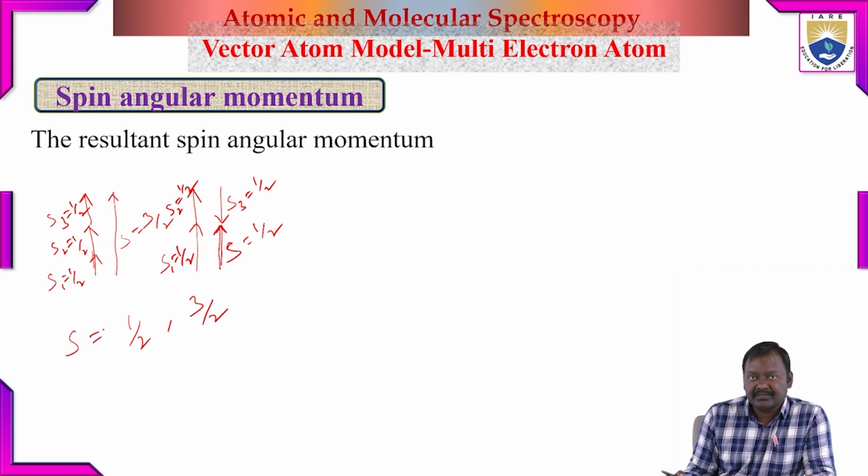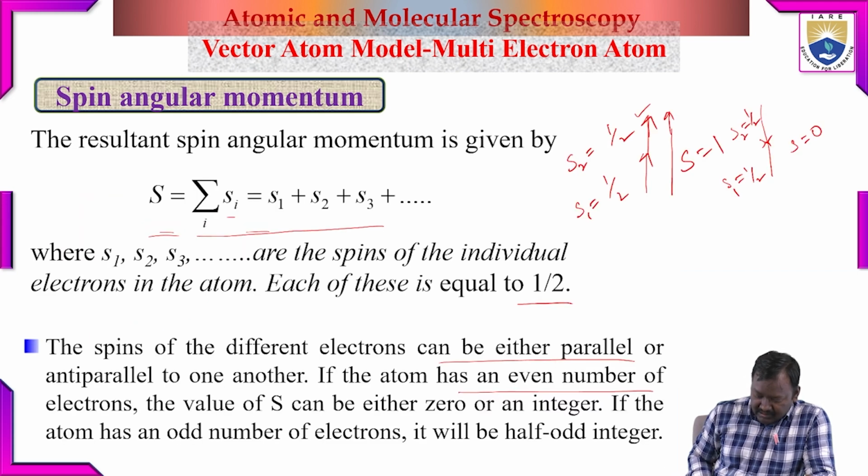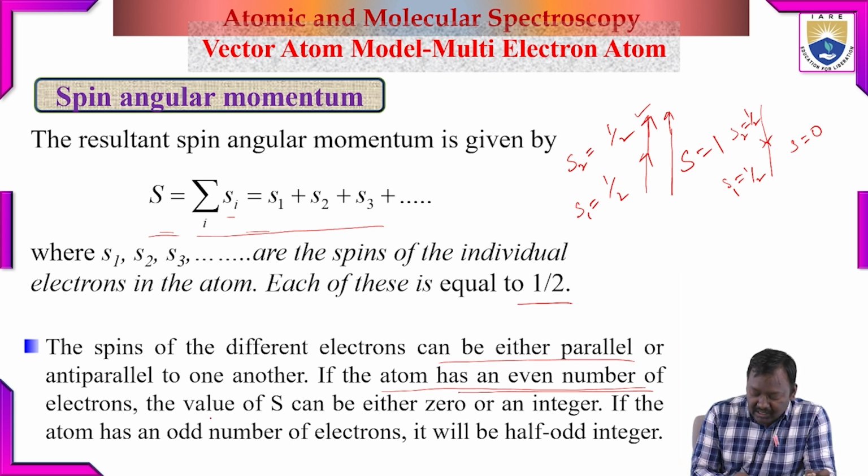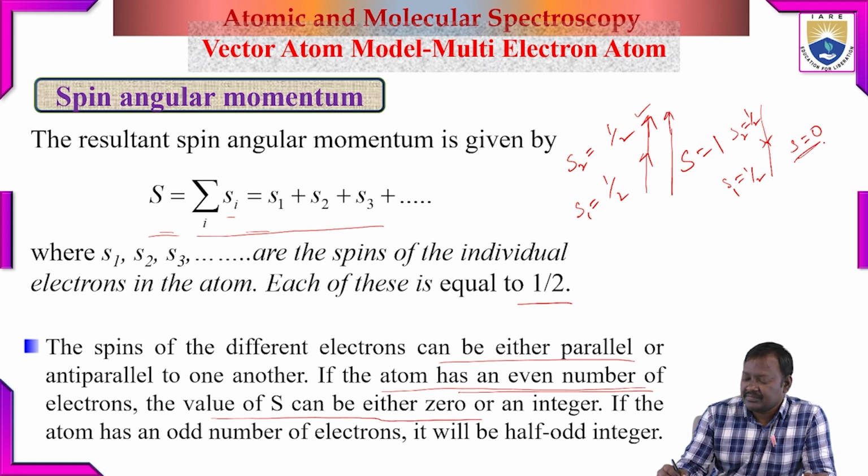So we can say from this observation that if the atom has an even number of electrons, 2, 4, 6, then the value of S can be either zero here.